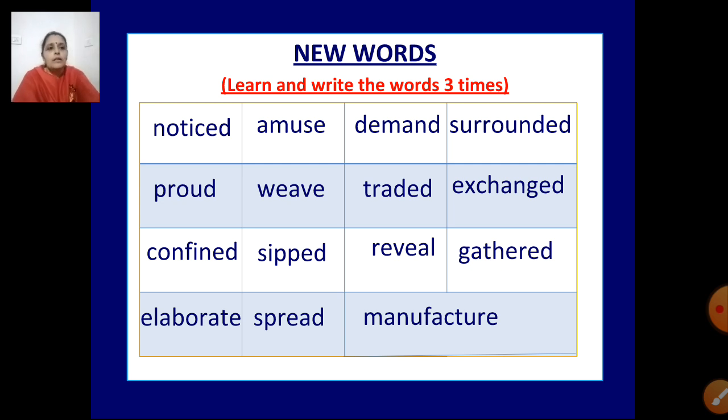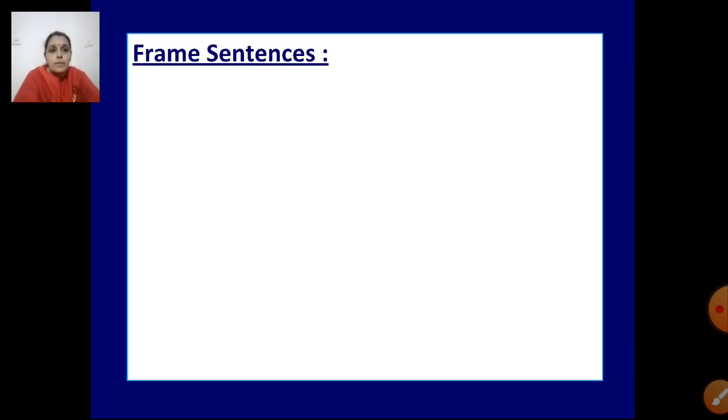Okay? Yes. Now let's frame some sentences. I have some words for you and we are going to frame sentences. Okay? The first one is confined. Can you think of a sentence? Confined means trapped or locked. Now I have a sentence for you here.